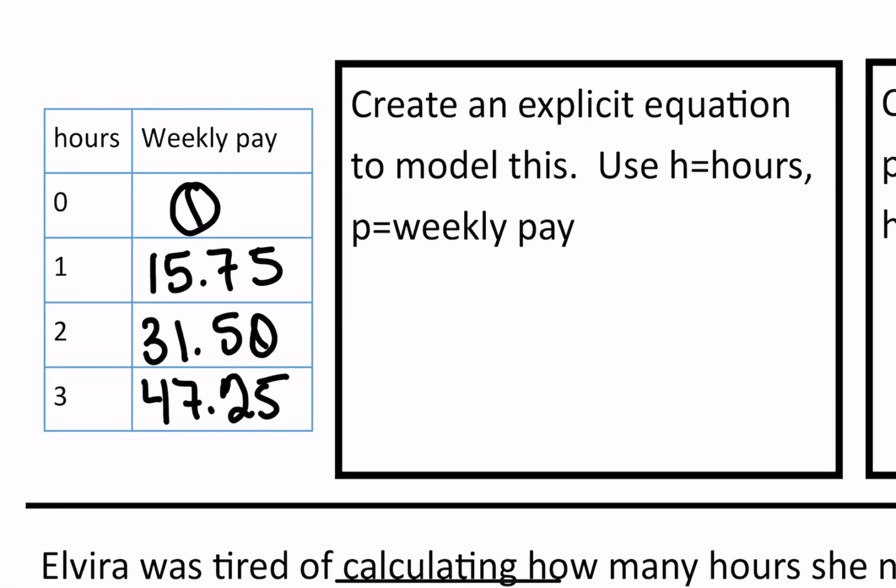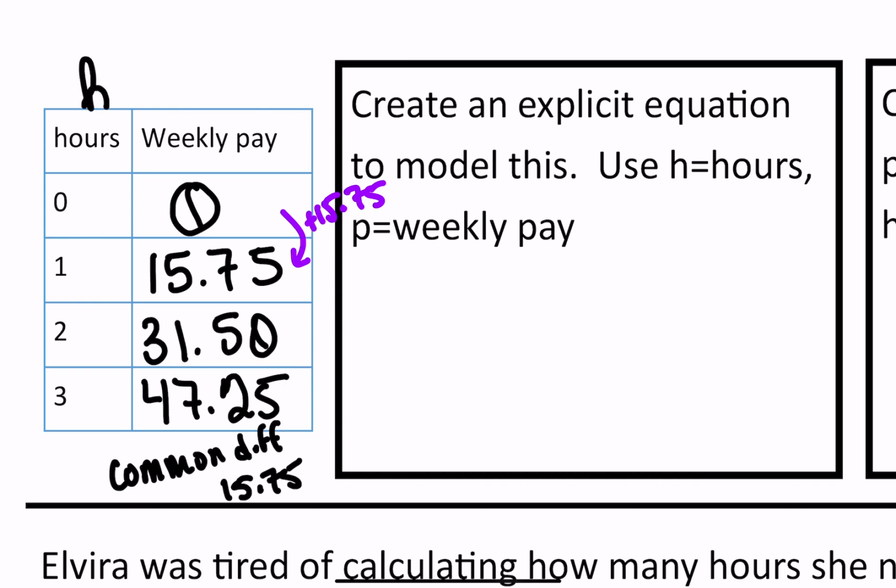And we're going to create an equation using hours and weekly pay. But let's think back. This is going up by 15.75. So we're using one of our variables here, right? Because this is like our common difference from back in the day. All right, so it says to use H for hours and P for pay.